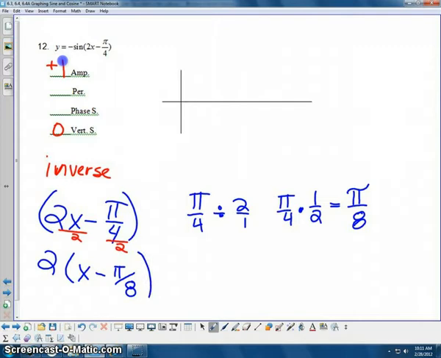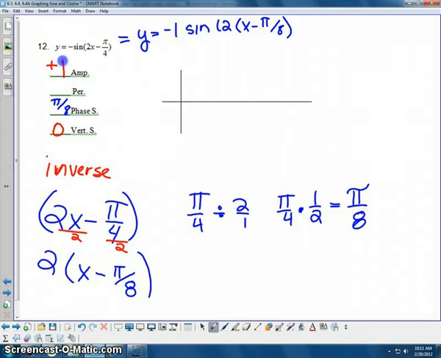So here, what we really have for our problem is y equals negative 1 sine of 2 times x minus pi over 8. So our phase shift is positive pi over 8. Why did I make it a positive pi over 8 when we're subtracting here?